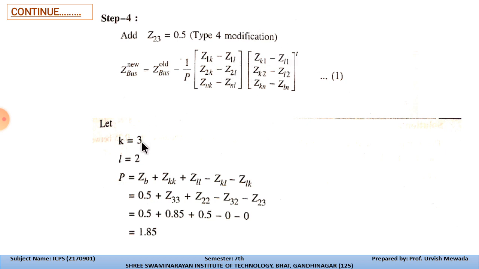So let us consider that K is equal to 3 and L is equal to 2, then P will be ZB plus ZKK, for which we already have the equation from the ZBus algorithm, plus ZLL plus ZKL and ZLK.